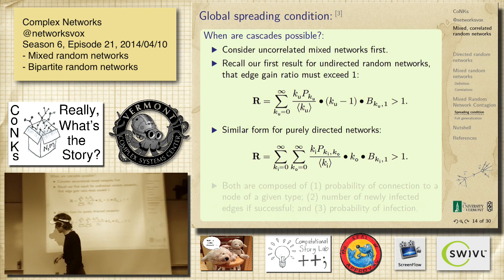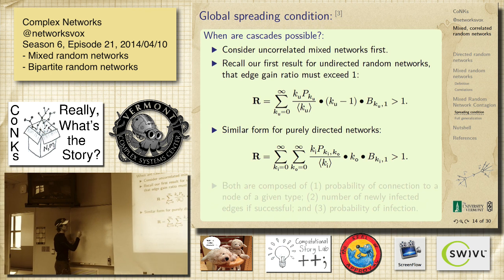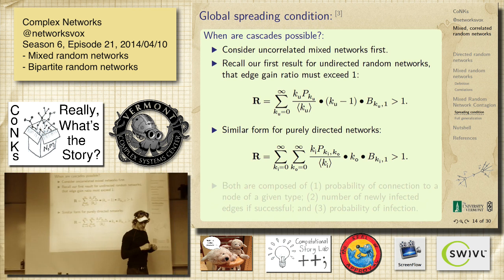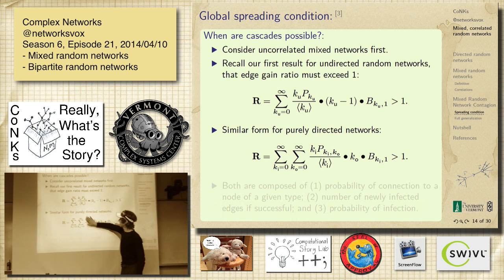But the thing on the bottom is really k_I P(k_I, k_O), right? It's all of this, for a directed thing. Okay, so it's normalized correctly. So that's your, right, so it's the same idea.